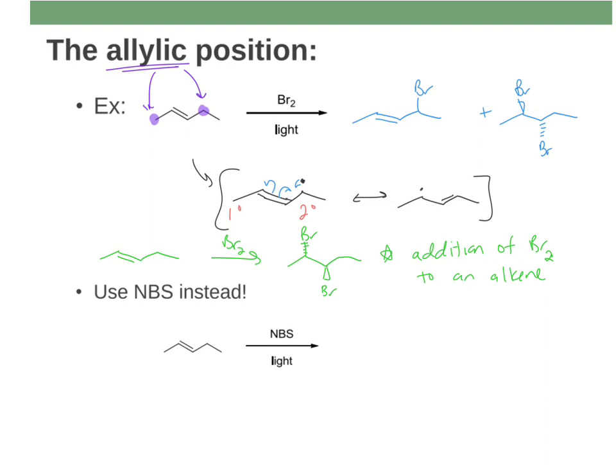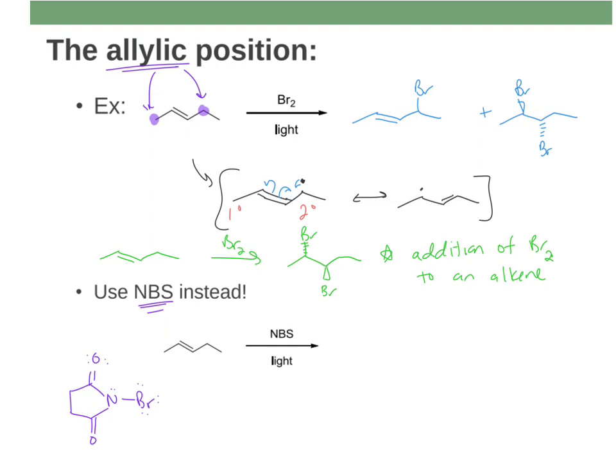The solution is that we use NBS instead. And NBS is this molecule. It's N-bromosuccinimide. Let me draw this out a little bit better for you. Succinimide is basically this, but with an H here, but N-bromo means that there's a bromine on that nitrogen.